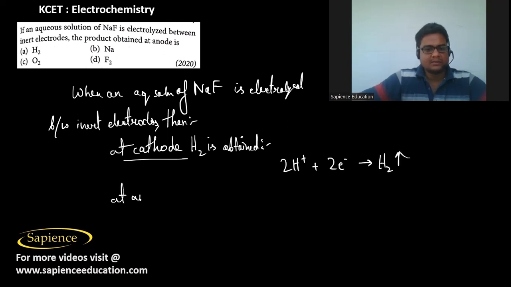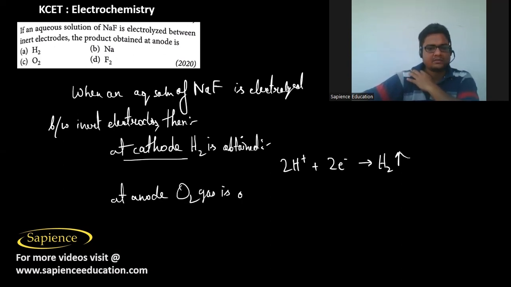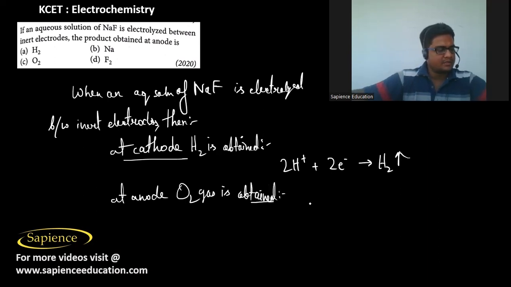and at the anode, oxygen gas is obtained. It means that at the anode, 4 hydroxide ions lose 4 electrons.